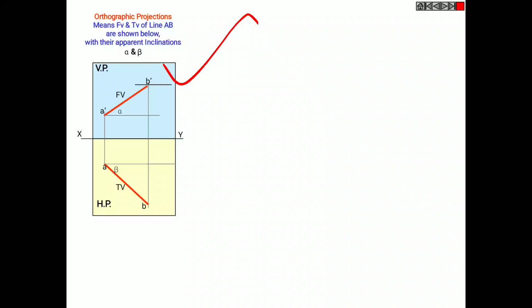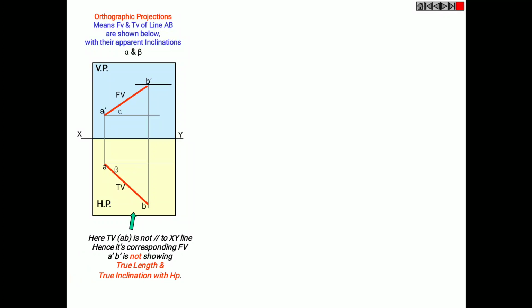See, the front view is inclined at an angle of alpha to HP and the top view is inclined at an angle of beta to VP. So here top view AB is not parallel to XY line, hence its corresponding front view A dash B dash is not showing true length and true inclination with HP.